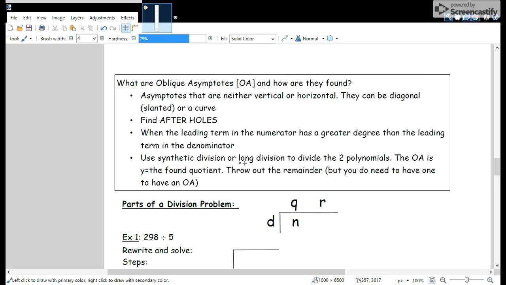Use synthetic division or long division to divide the two polynomials. The oblique asymptote is the y equals found for the quotient. Throw out the remainder. But you do need to have one to have an oblique asymptote.